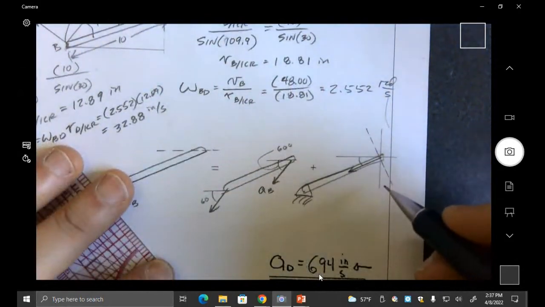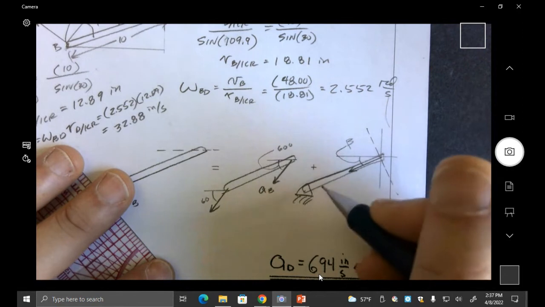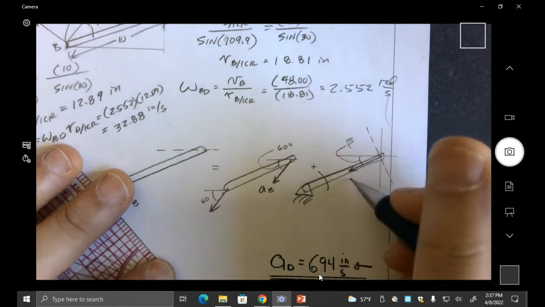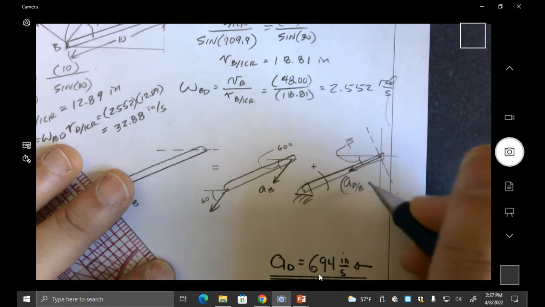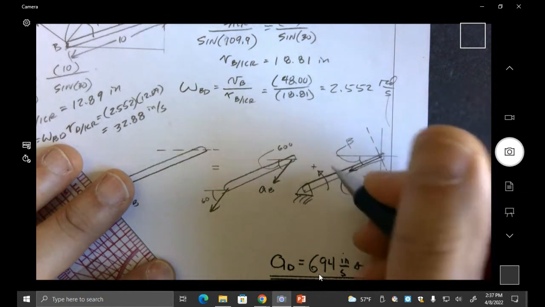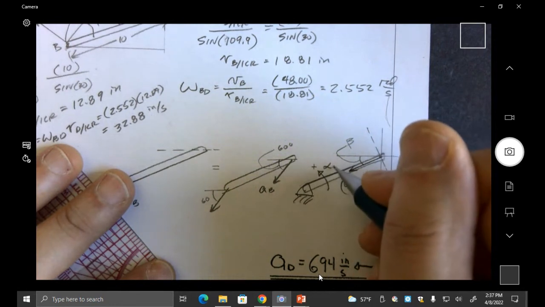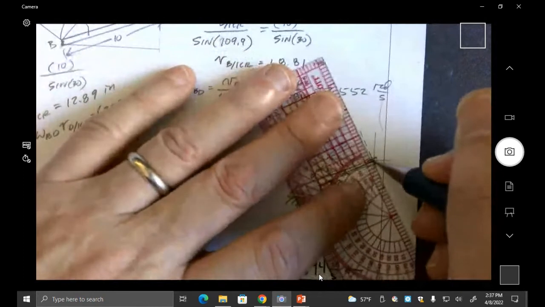That right there is just the one I call beta. And this is the acceleration of D with respect to B, normal direction. I'm going to guess counterclockwise, so that's going to be my BD right there. So that means that's going to be up this way.